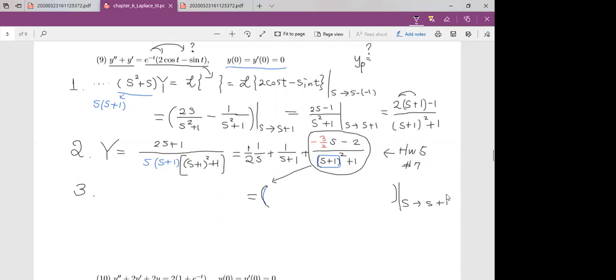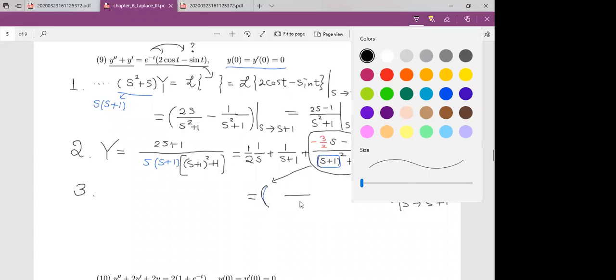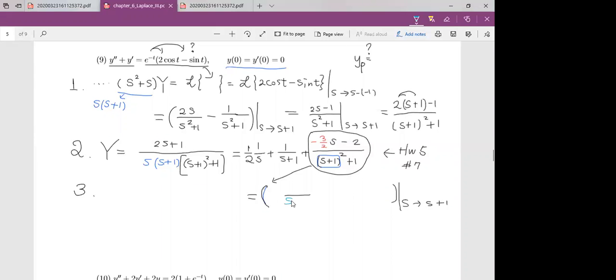This is what we want. So this denominator will be s squared plus 1, and then s squared plus 1, and so on. So this is what we expect.